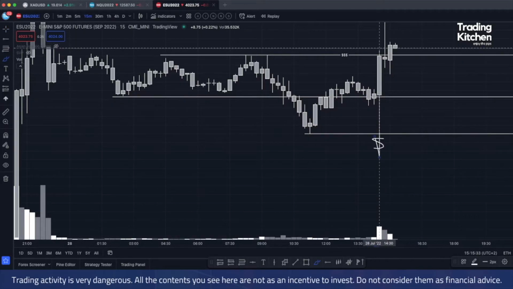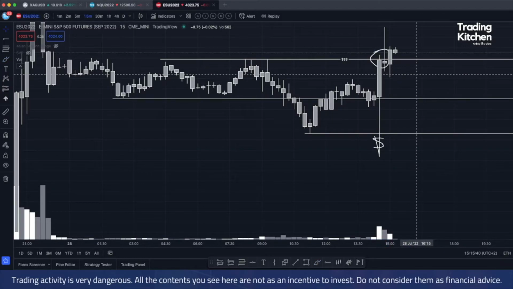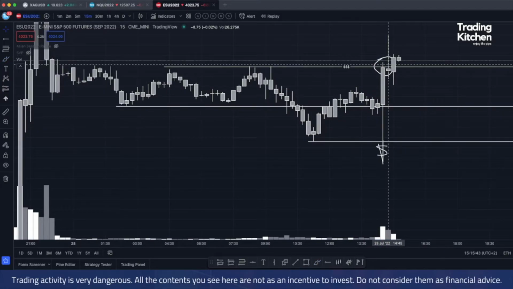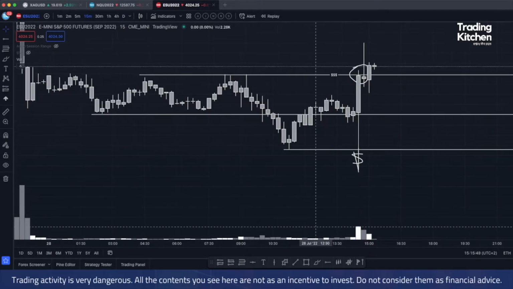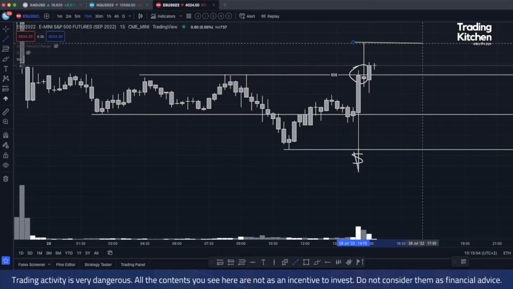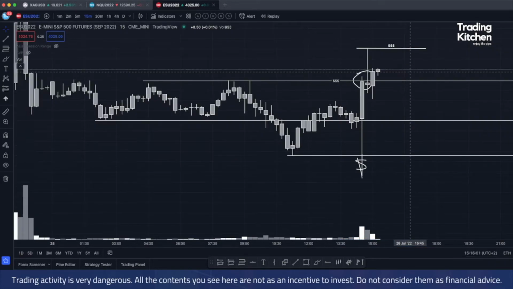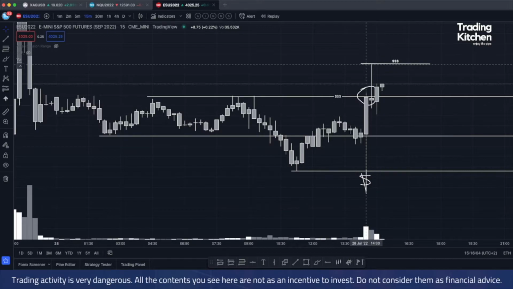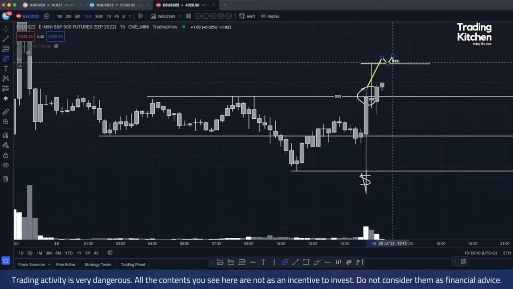And price seems that it's going to stop here on the Asian high. And now let's see what happened. Okay, another liquidity here. So I'm pretty much sure that for scalping, for example, this level could be very good, because I'm pretty much sure that there is liquidity over there because of this long tail. Okay, and I suppose that could be good to scalp this.